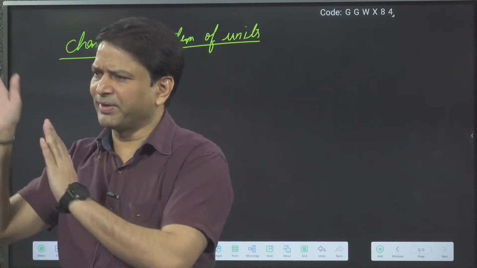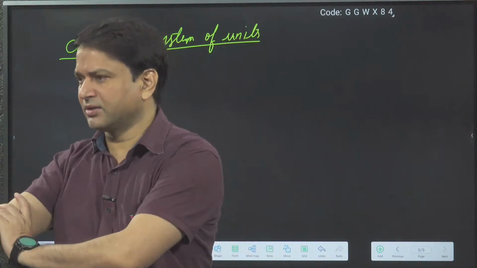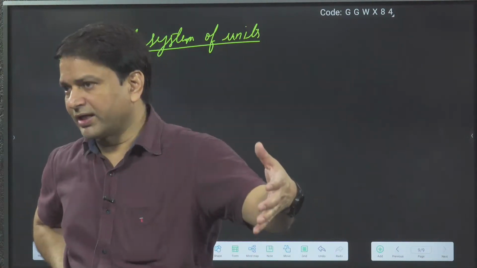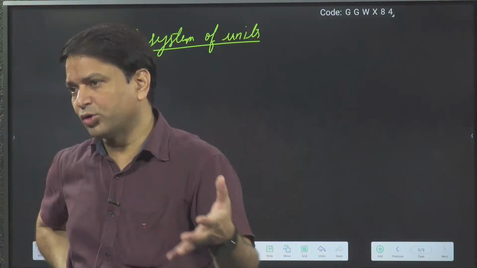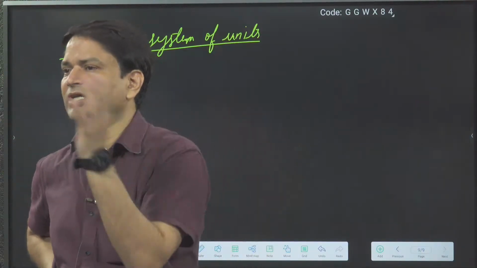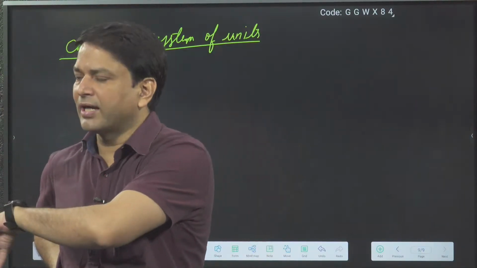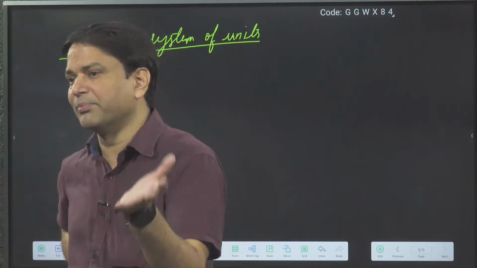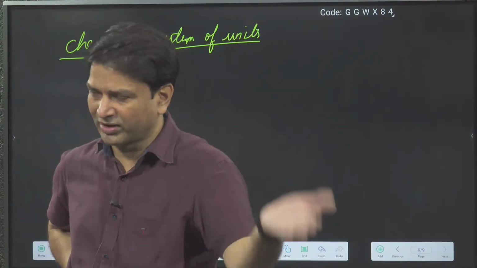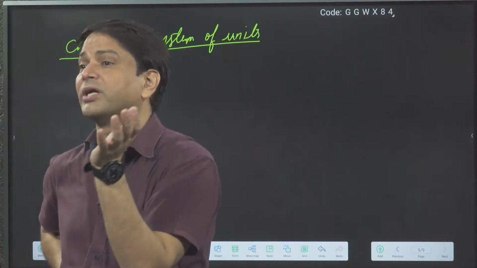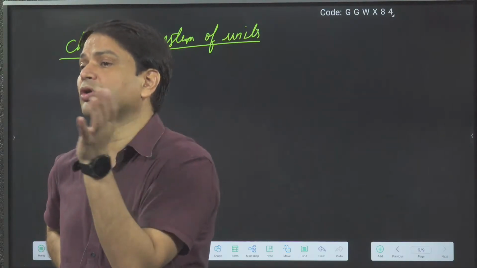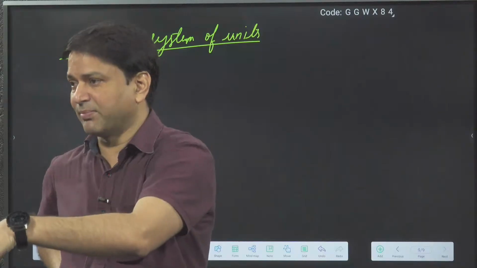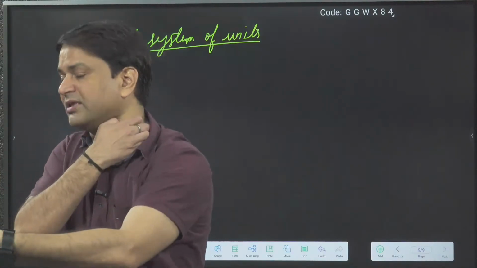I said already in basic mathematics and in the beginning of this chapter, when we are converting a small unit to a large unit, what will happen? When you are going from one system to another, and you go from a small unit to a large unit, the unit becomes large, so the magnitude will decrease in that system.